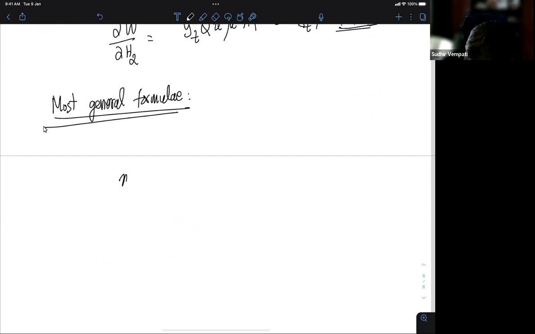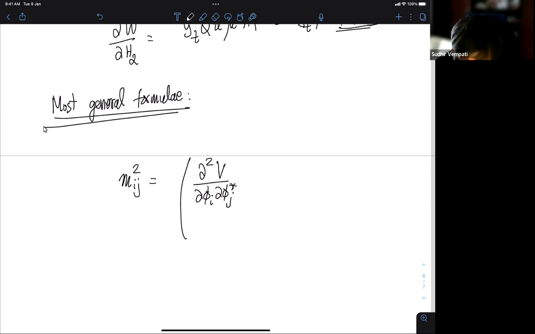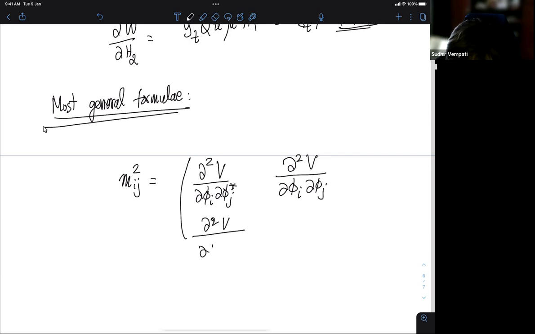So the most general formula: M_ij square for any mass matrix is del square V over del phi_i del phi_j star, del square V over del phi_i del phi_j, del square V over del phi_i star del phi_j star, and del square V over del phi_i star del phi_j.